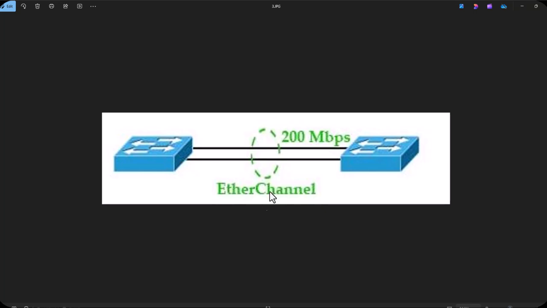Now with two links, we will have 200 megabits per second, and we will also have redundancy. It means we have bundled these two links into one logical link, which is called the EtherChannel, and we will utilize both links' bandwidth, and also have redundancy.